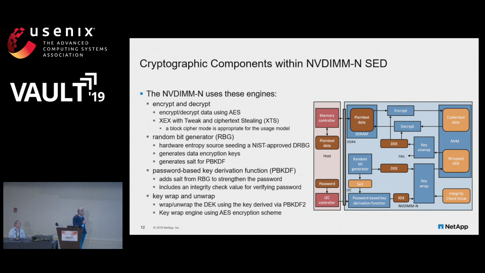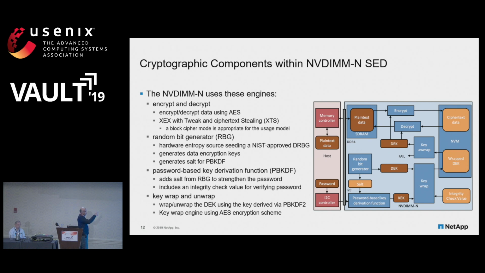When we talk about AES XTS, there are two aspects of it. One is the tweak value, which gets encrypted on the right side. On the other hand, there is also the actual plain text data that you want to encrypt, and an additional key is required. So there are dual stages when we are dealing with AES XTS. We generate the key using a PBKDF, a password based key derivation function, and then use it for wrapping and unwrapping.